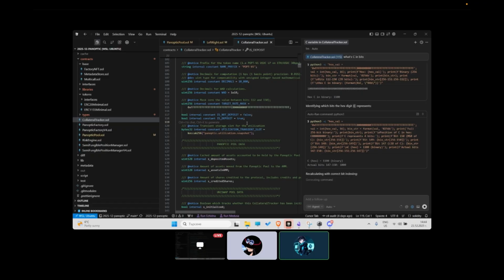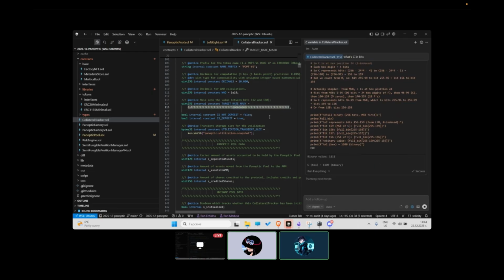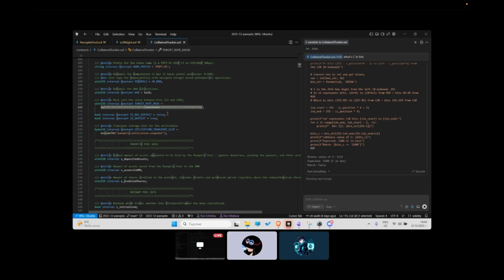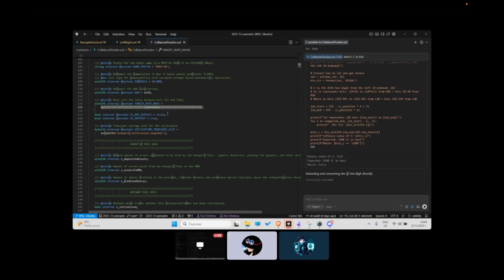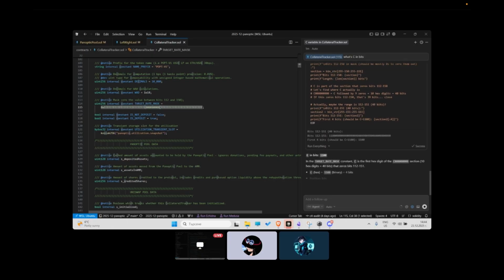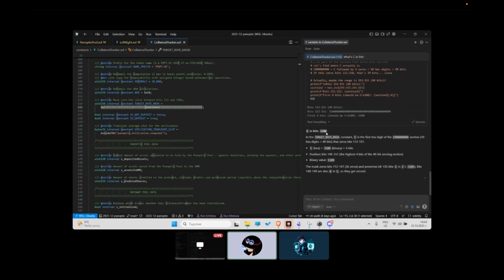So there are 9 zeros, right? So it's 36 total bits plus 2, so 38 bits. So it's bit 112 to bit 150. Yeah, got it right at the end.